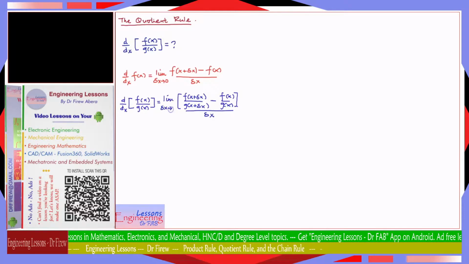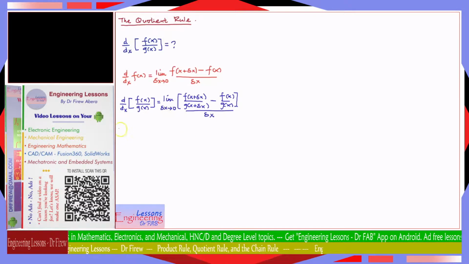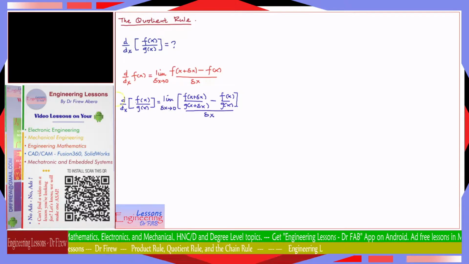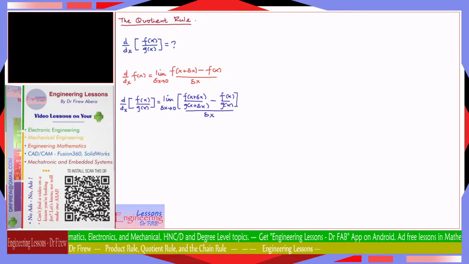When there is a small change, delta x, that delta x has the limit approaching 0.